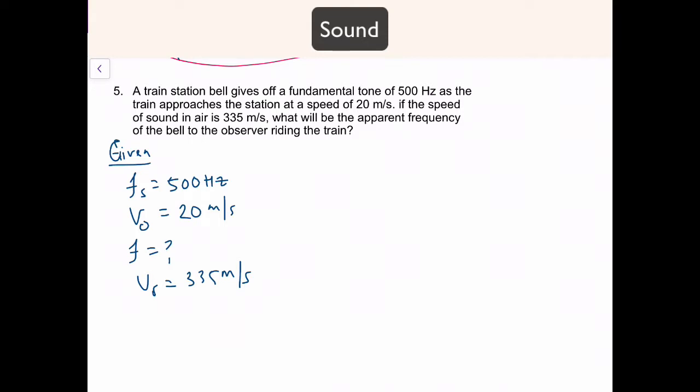But the equation that I provided in the lecture part says that if it is the observer that is moving, then you can use the equation: the frequency heard by the observer equals the frequency of the source times v, the speed of sound, plus v naught, divided by v.